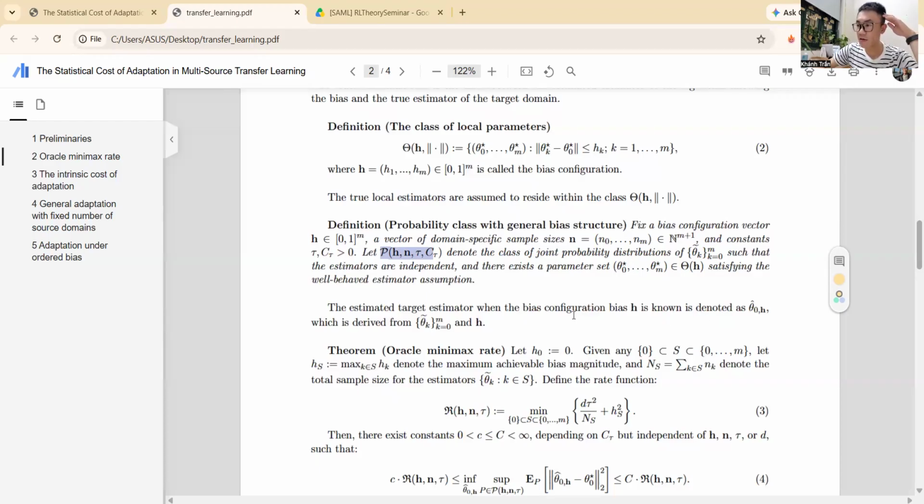We denote the estimator for the target domain, when the bias configuration H is known, as theta hat 0 with emphasis on H. It is derived from the set of estimated local estimators theta tilde k and the bias configuration H.